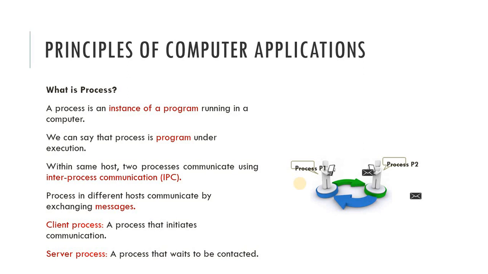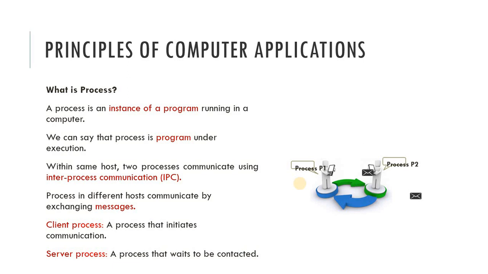Any instance of a program running in the computer, or we can say any process, is a program under execution. We write code and that code is executed, then it is called a process. If processes communicate over the same host, it is done with IPC, the inter-process communication.